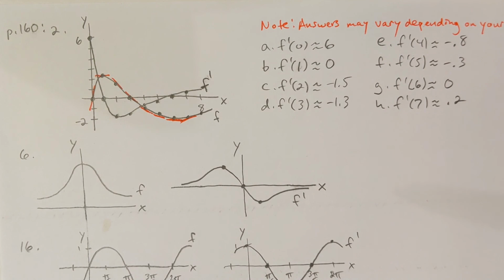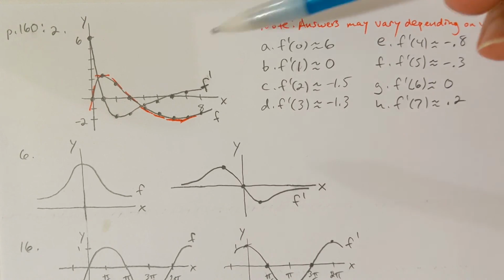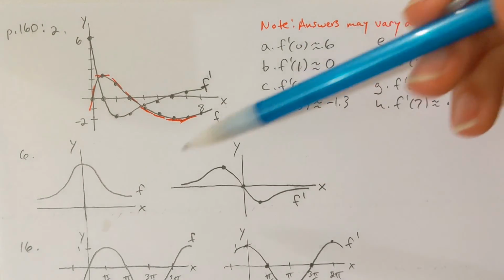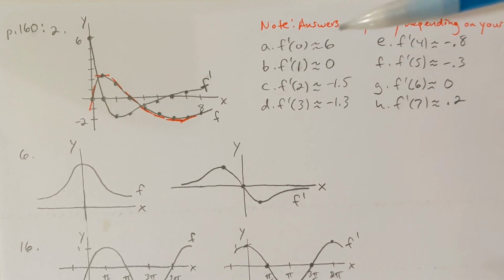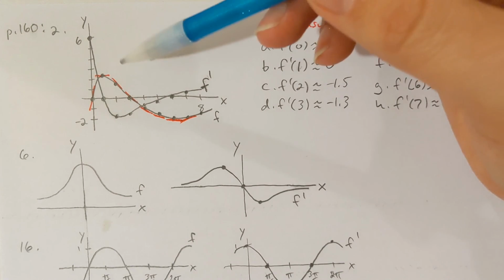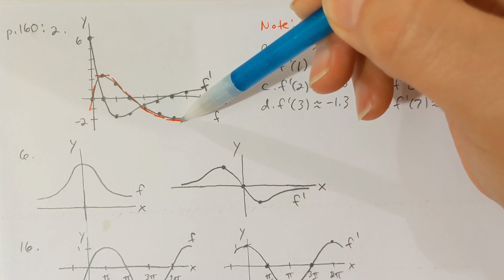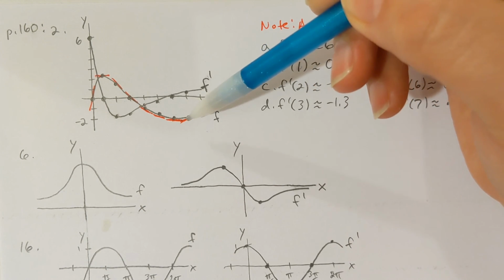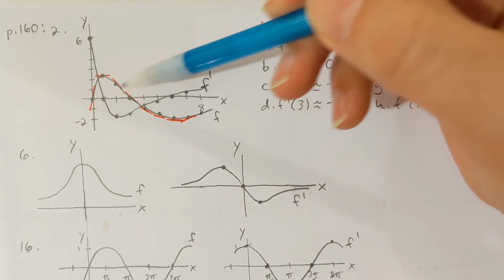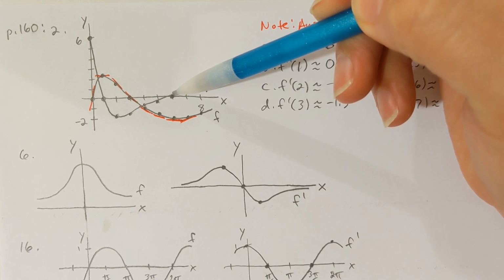Now, one of the things that I'm looking for early on, when I don't have all these points labeled, is hills and valleys. So on the original graph, here's a hill and here's a valley. Well, that tells me that I'm going to have corresponding x-intercepts on the graph of the derivative, right?